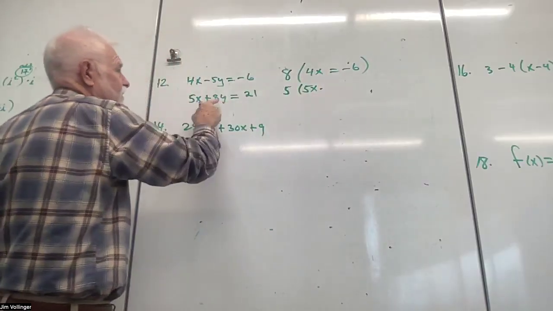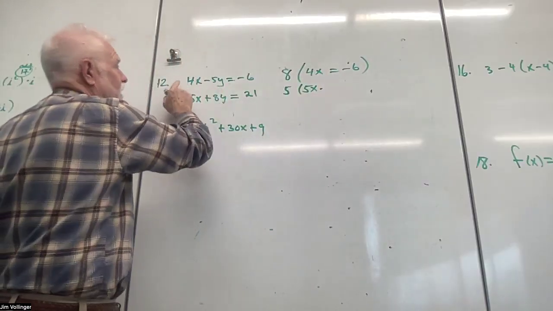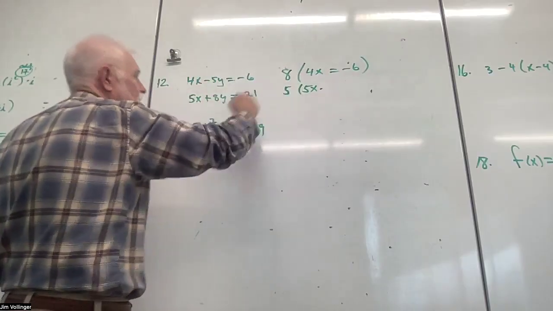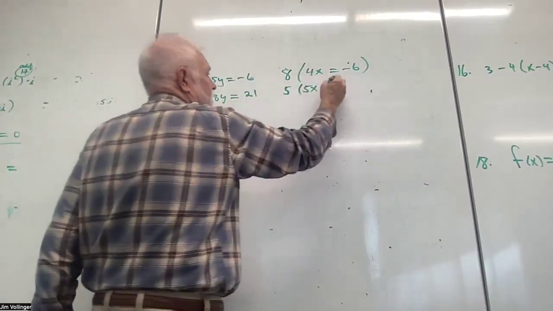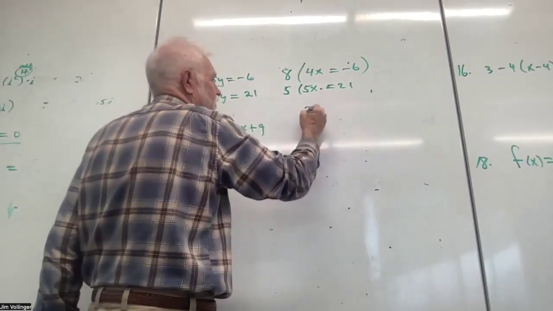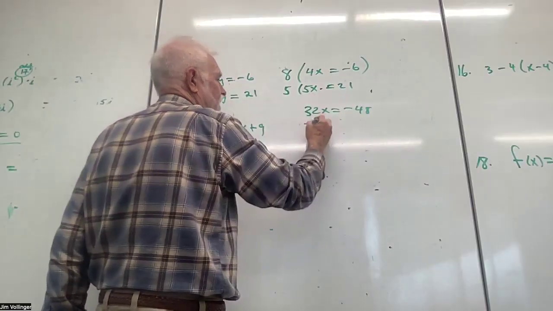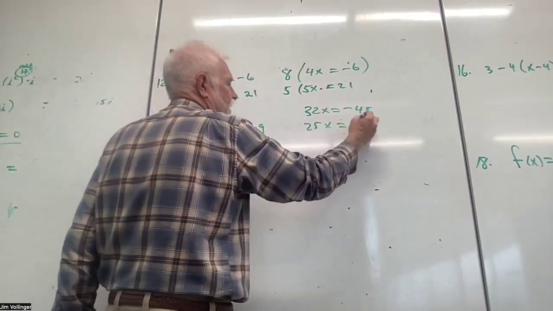And 5 times 8 is +40, and 8 times -5. Hope you can see why I'm taking a little shortcut here. And equals 21. So now we have 32x equals -48. And we have 25x equals 105.